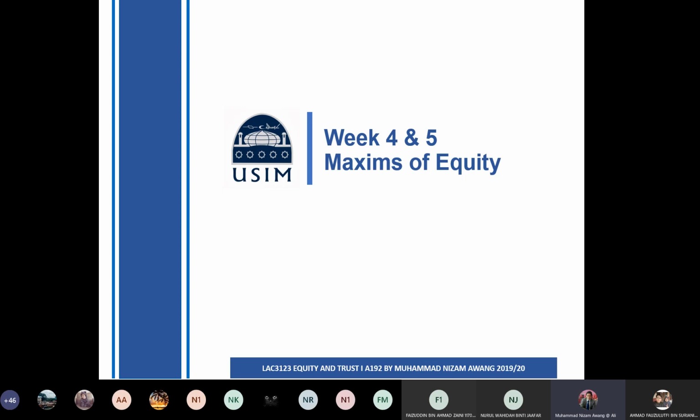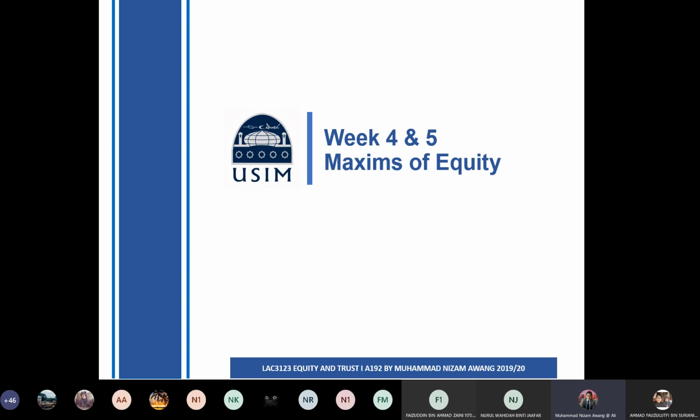So if there is more than one maxim to be applied to a particular dispute, the judge can use more than one maxim depending on whether the maxim is suitable with the present case. So again, which maxim will apply depends on the facts of the case, right?